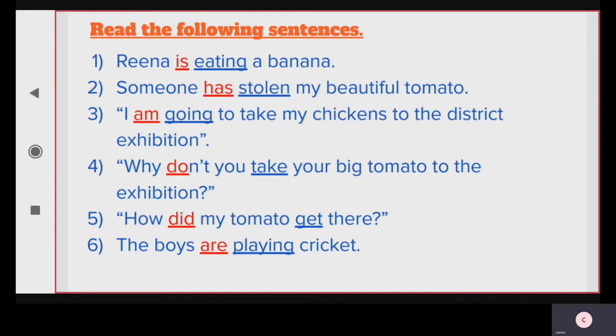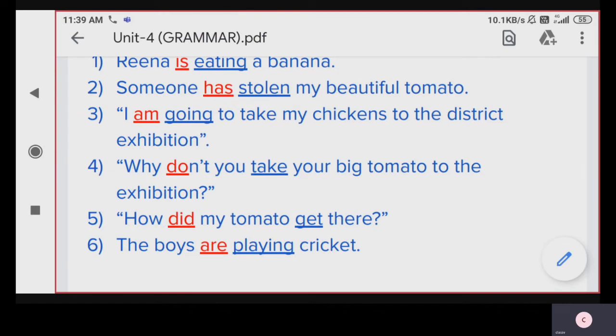Third one, I am going to take my chickens to the district exhibition. Fourth one, why don't you take your big tomato to the exhibition?